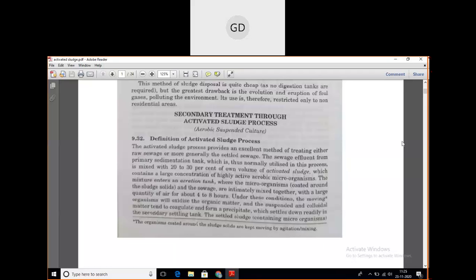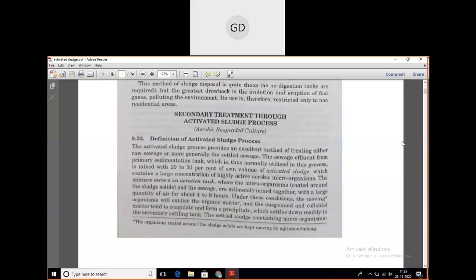Then the mixture of the sewage effluent from the sedimentation tank and the activated sludge enters a tank known as the aeration tank.